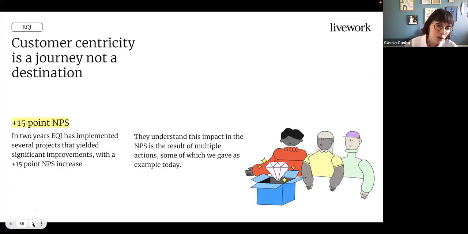They have seen after 2 years an increase by 15 points in their NPS, but they also understand that this is not a result of a single action or a single project. It's not necessarily because they started creating automated communication, but it's a combination of projects like this that I presented that might seem small, but bring different challenges to implement with other of these solutions.